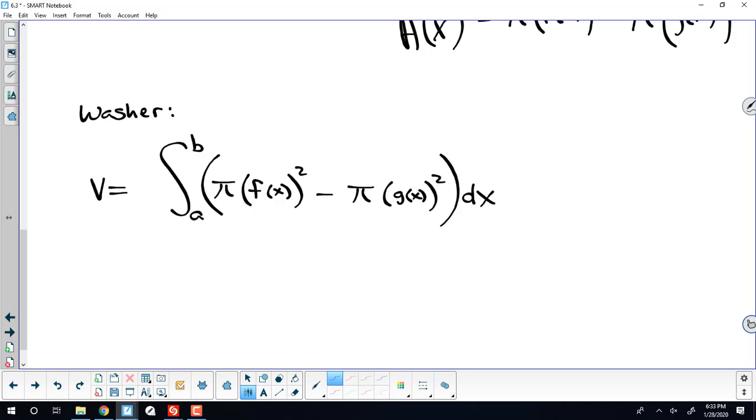Or we could take the pi out, but you've got to remember with the washer method, it's always the top function squared minus the bottom function squared. It's never the top minus the bottom, squared.